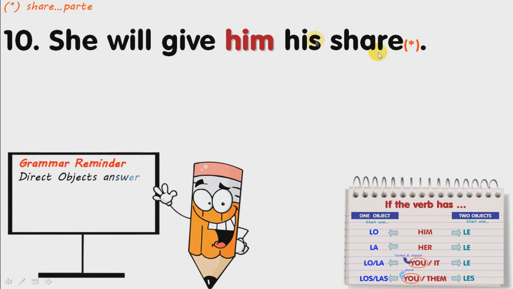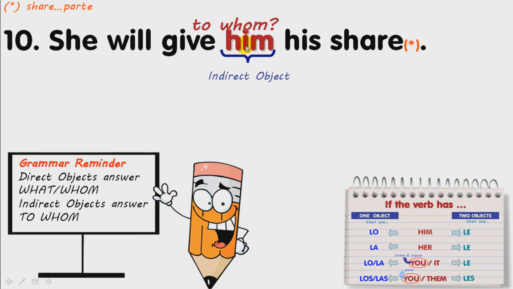She will give him his share. First, we need to identify the number of objects. Him answers the question to whom. His share answers the question what. So this means that we have 2 objects. In this case, when we have 2 objects, the translation of him would be le.